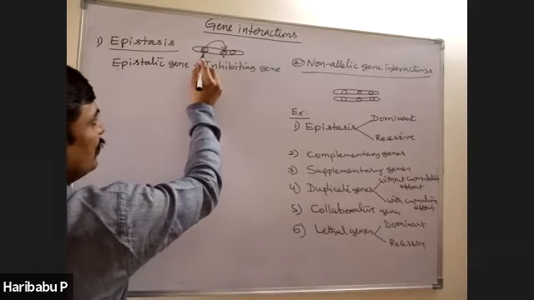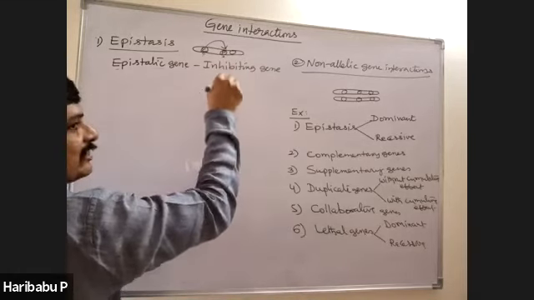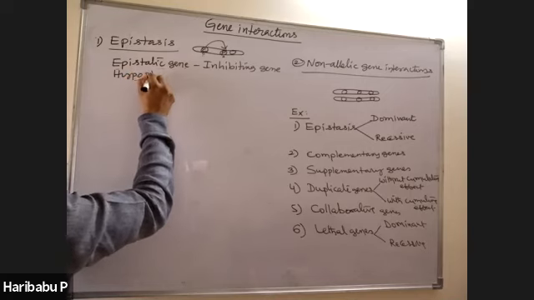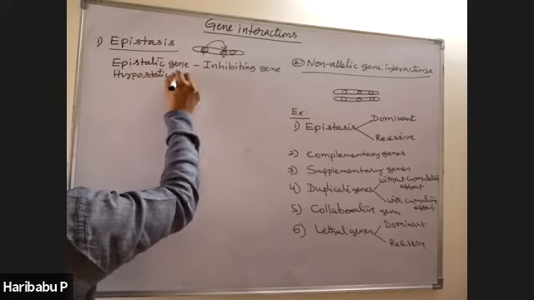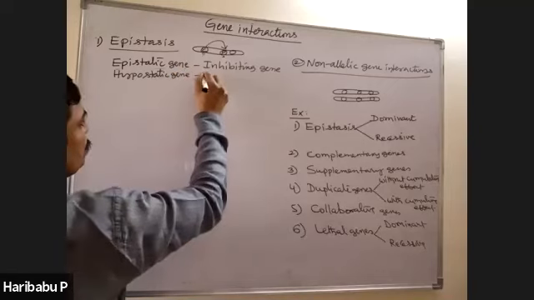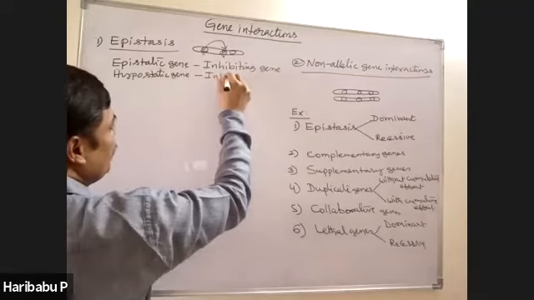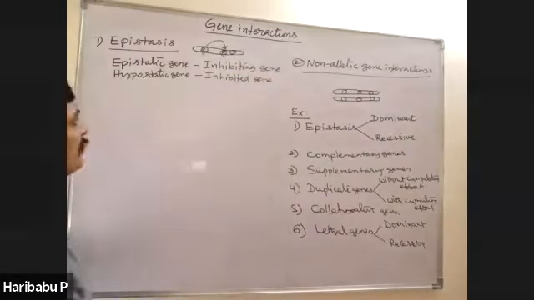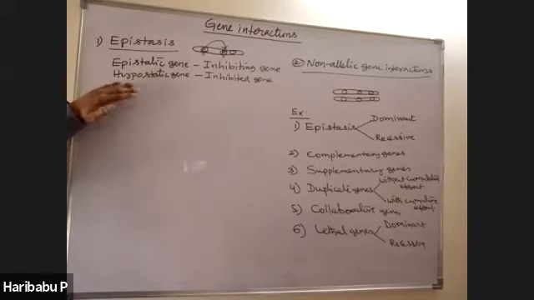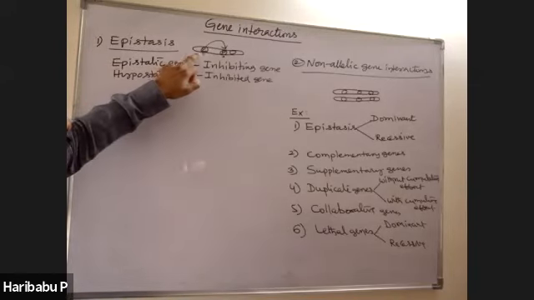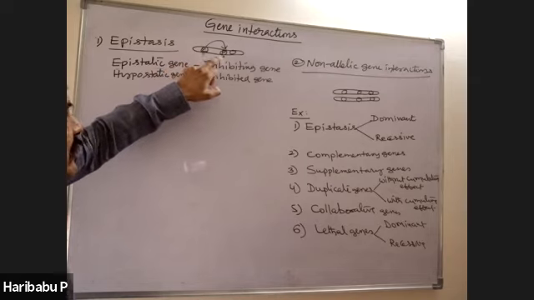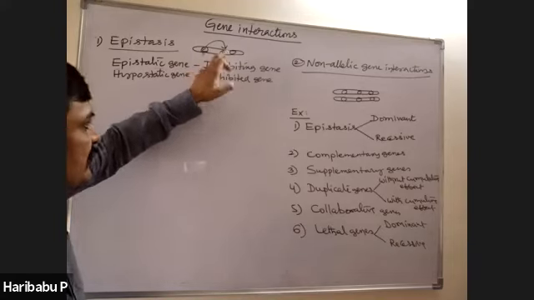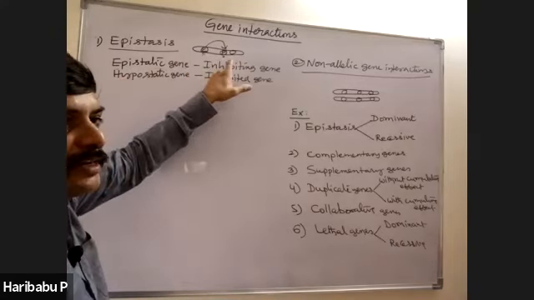Because this gene is inhibited in its expression, it is called the hypostatic gene. Hypostatic gene is the inhibited gene. I think you understand the difference between epistatic gene and hypostatic gene. This gene in this case is inhibiting this gene, therefore this is the epistatic gene. This gene, because it is inhibited, is the hypostatic gene.